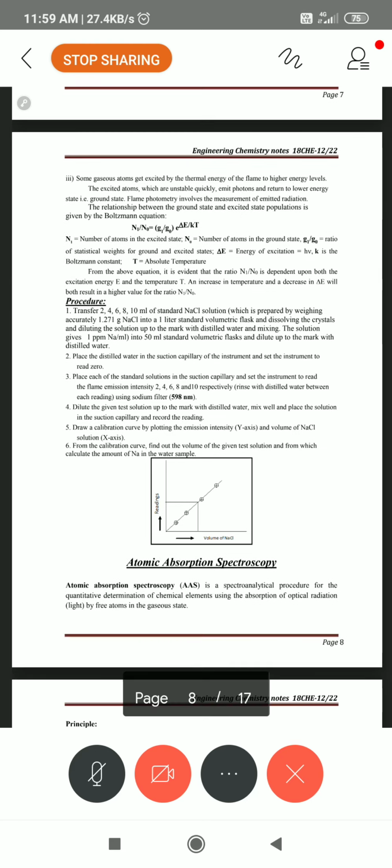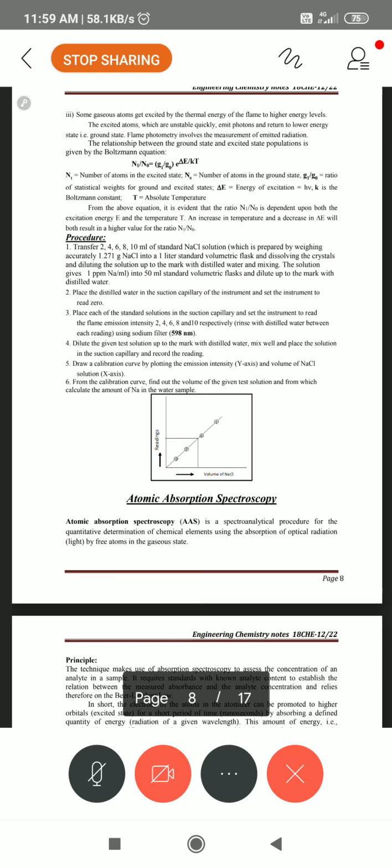So you can get very exact readings. You plot the calibration curve and you can get the answers.